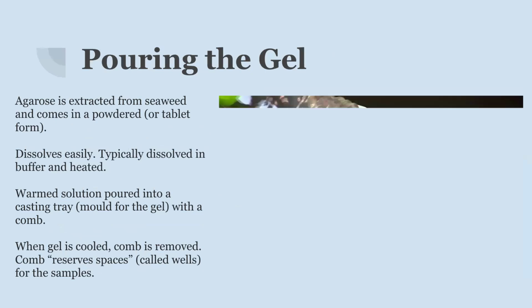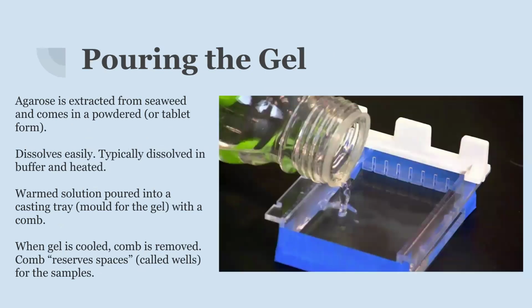So, pouring the gel. It comes in a powdered or tablet form, and it's heated, typically in 30-second increments. This is not something that you want to overheat. If you overwork the gel and you overheat the gel and you let it fizz up too much above the level of the gel, it will get too hard to work with.